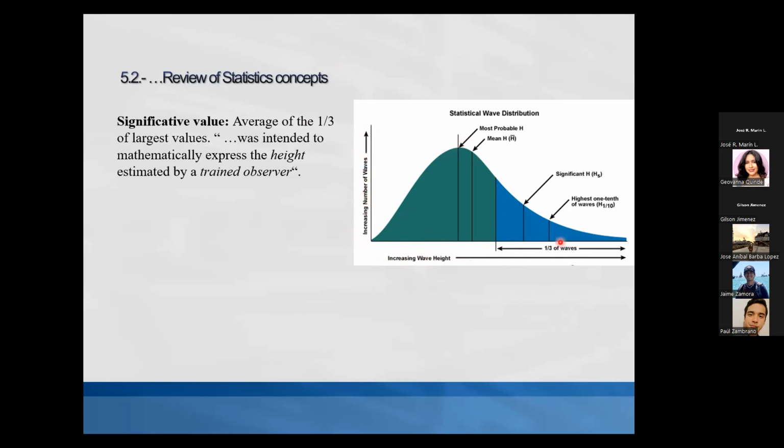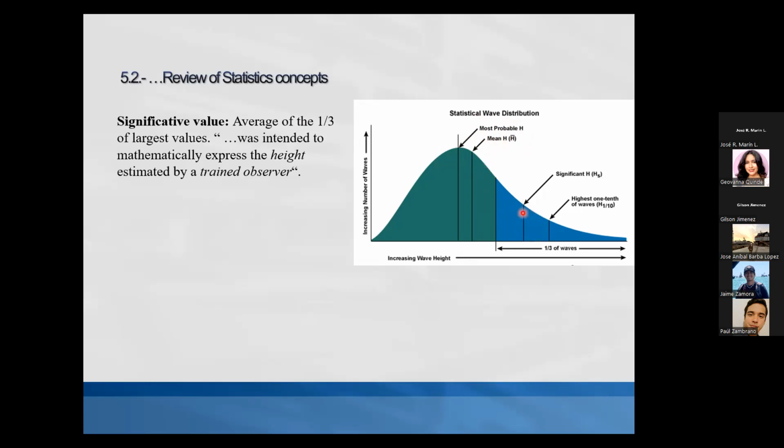And we plot something like this. And here, this is what we call the most probable height. So that's the wave height at which the number of outcomes is the largest. That's the mean. Okay, so that's the mean value over here.